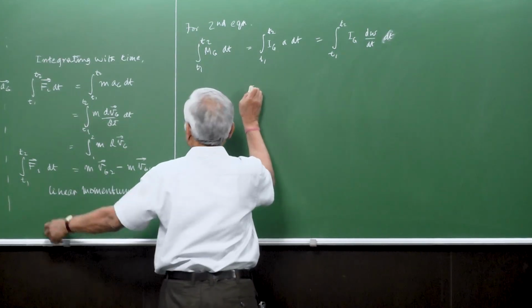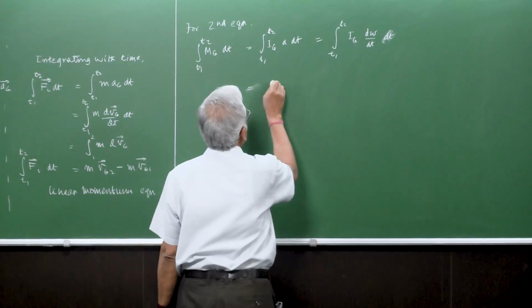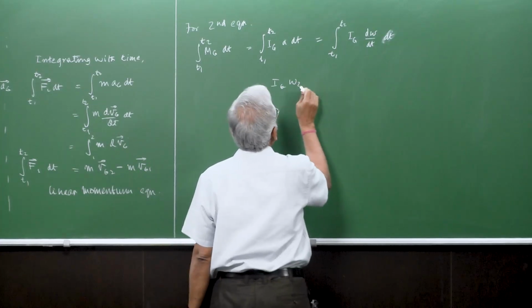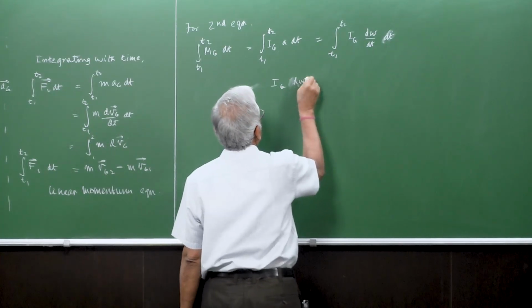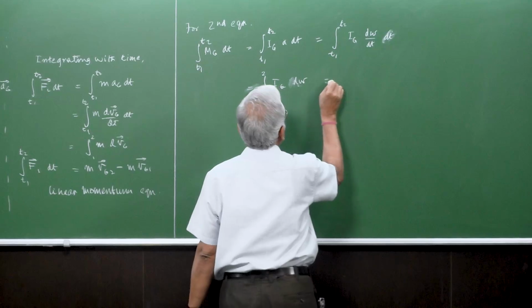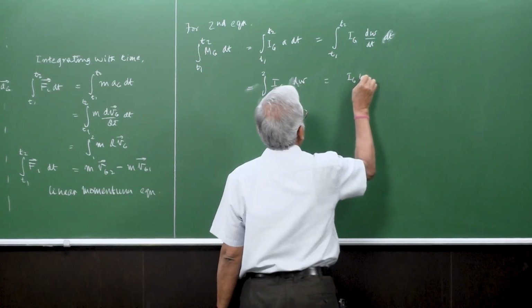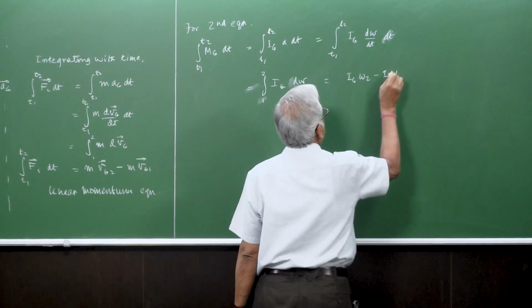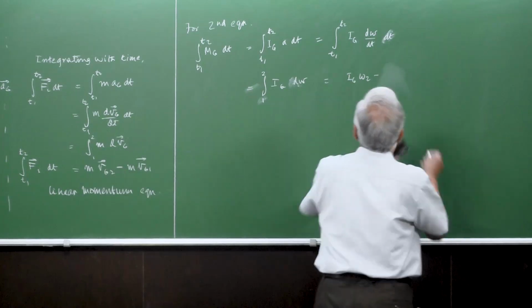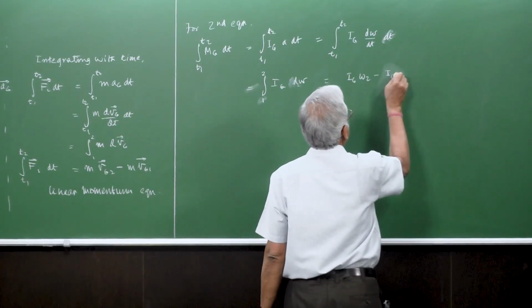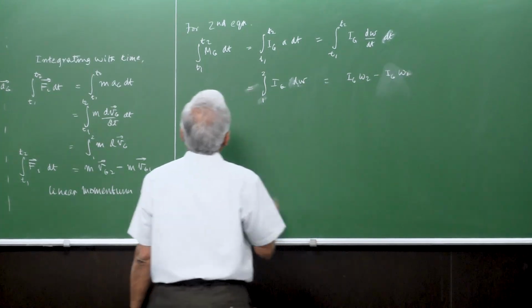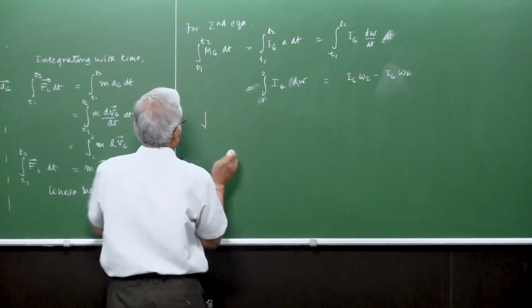Just like whatever we have done earlier, this will become IG times omega2 minus IG times omega1. Okay, so this is just rewriting it again.